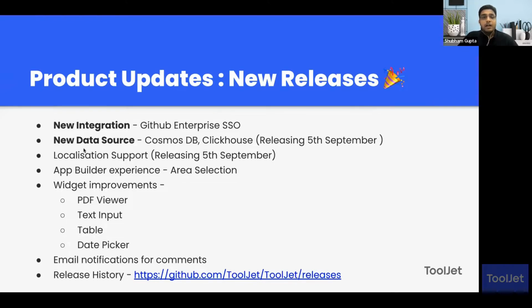So we want to support all these languages, and we have added localization support. Now ToolJet as a product can be translated into any of these languages which might be required by any of you. We'll be starting with French, and we'll be openly inviting everyone from the community to help us translate into French. We'll be releasing this and sharing the documentation on how one can translate the product and what all you have to do, right?